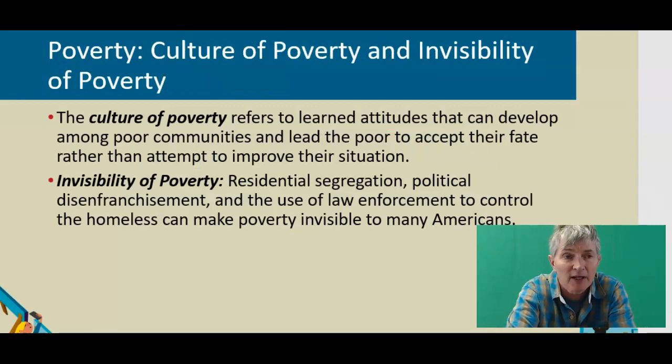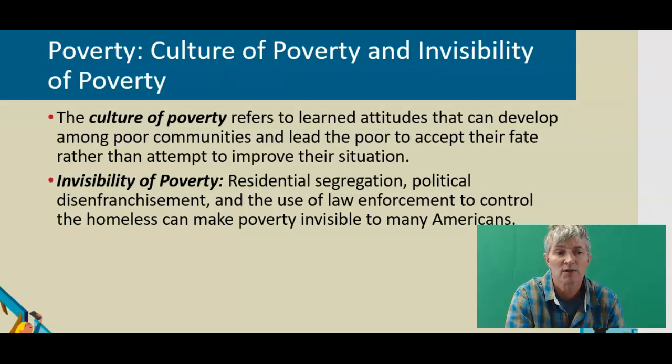When we think about poverty, some important concepts and issues are the culture of poverty and the invisibility of poverty. The culture of poverty refers to learned attitudes that can develop among poor communities and lead the poor to accept their fate rather than attempt to improve their situation.